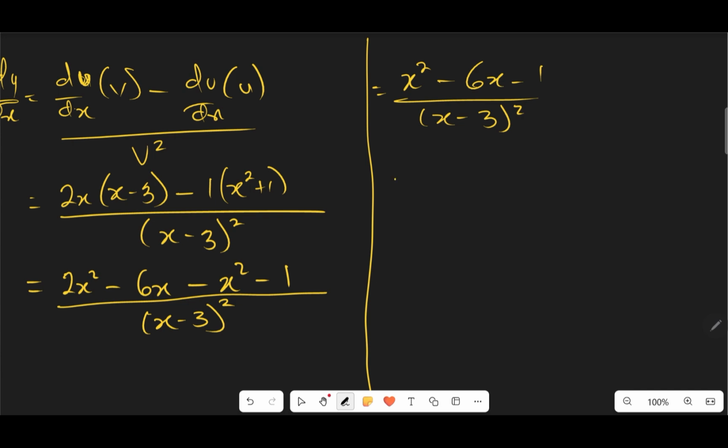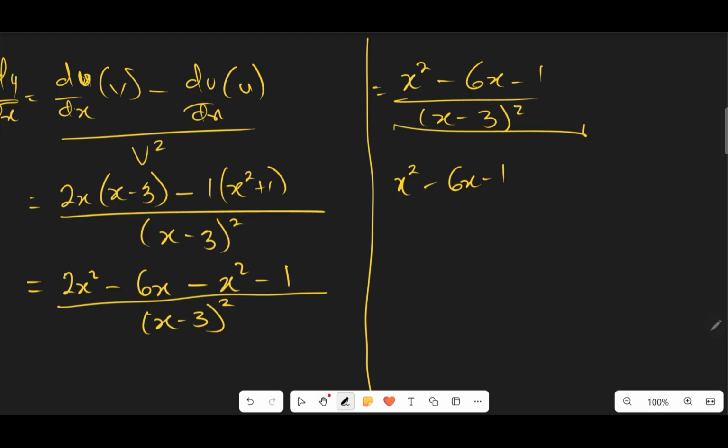So let's solve the numerator. I'm going to get x squared minus 6x minus 1. We multiply the coefficient of x squared by the constant, which is still 1. Now we're looking for factors of 1 that when we multiply we get 1, but when we add we get 6, and there's nothing like that.